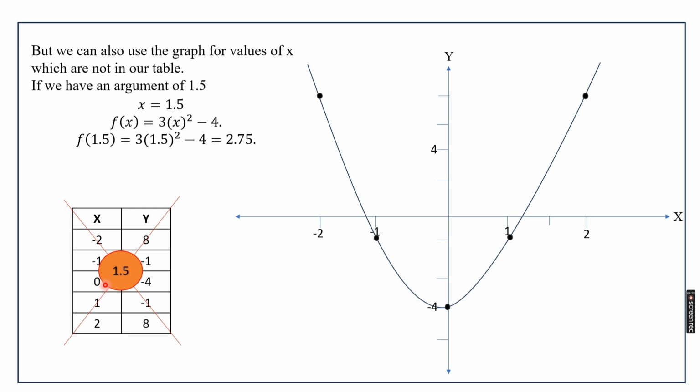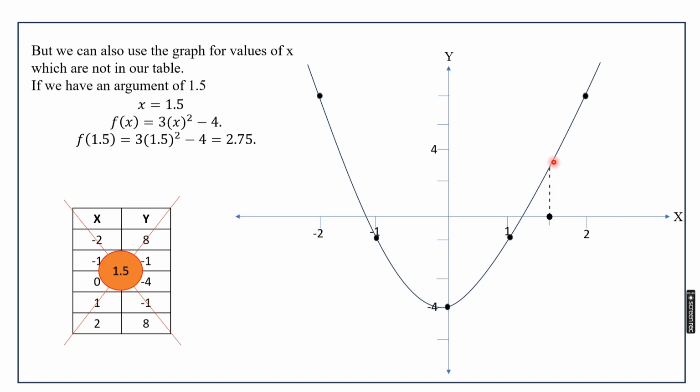Then at the point that crosses the graph of the function, we also draw a horizontal line parallel to the x-axis, and the point that intersects the y-axis is the value of the range. Our argument is 1.5.